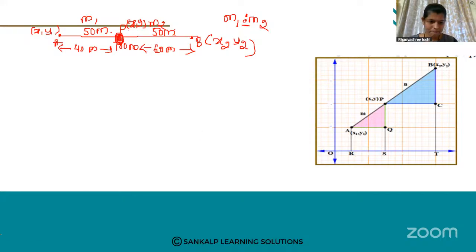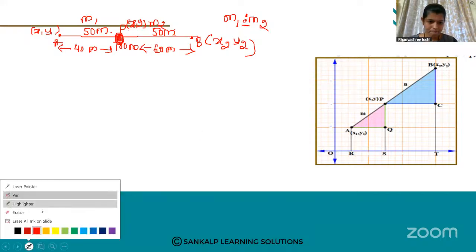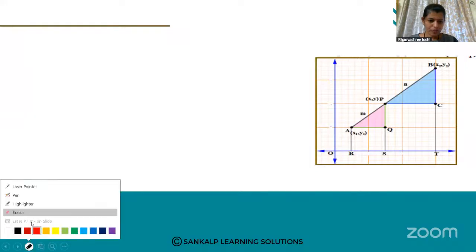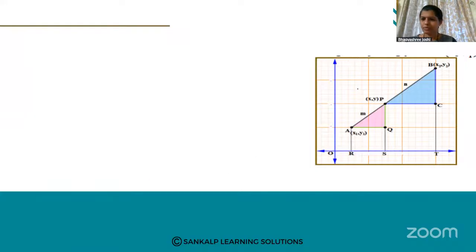Wait for a minute. So are you observing one diagram here? I will show it simply and roughly. One point is there, that is A, and another point is there, that is B. Now we are moving from A to B. In between A and B, point P is there.